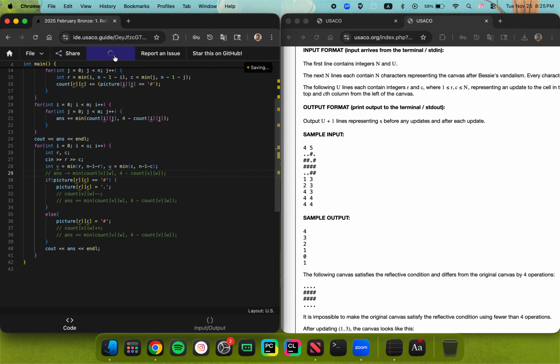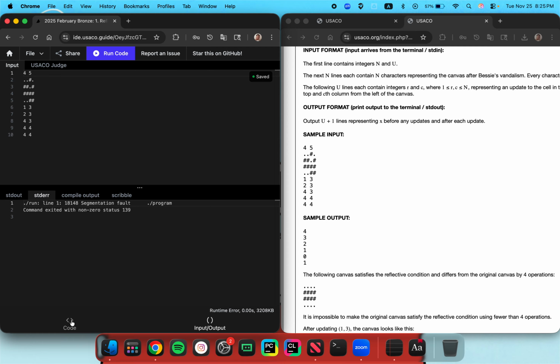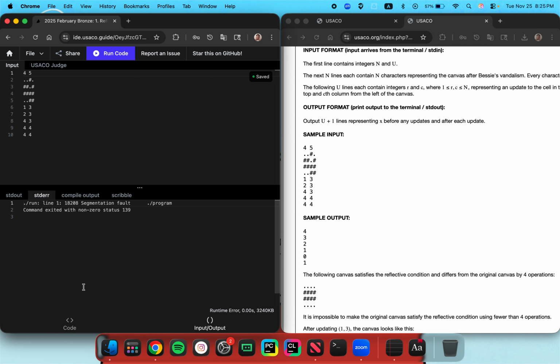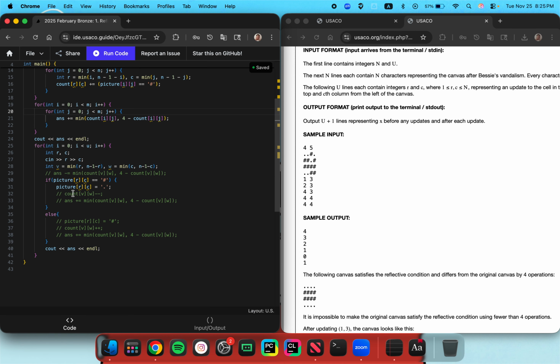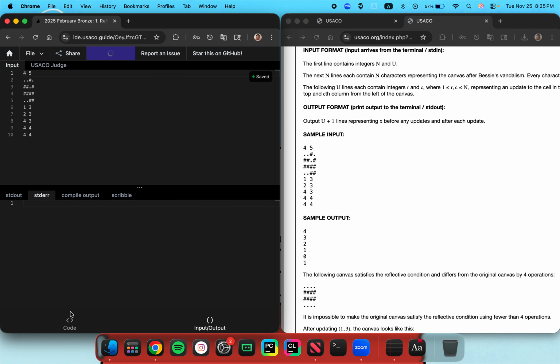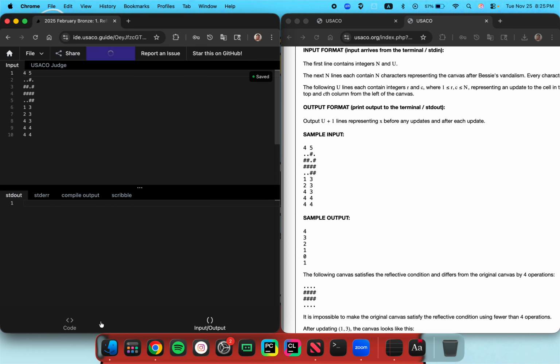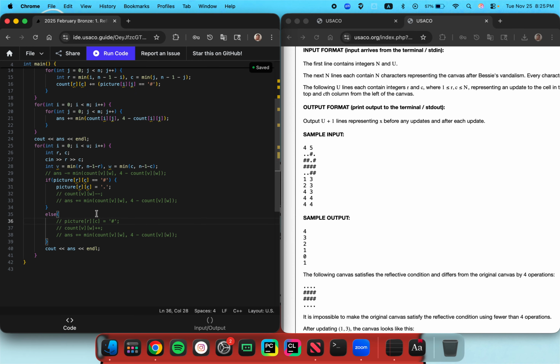This one also has V. What makes it have the segmentation fault then? That was the line? Why?